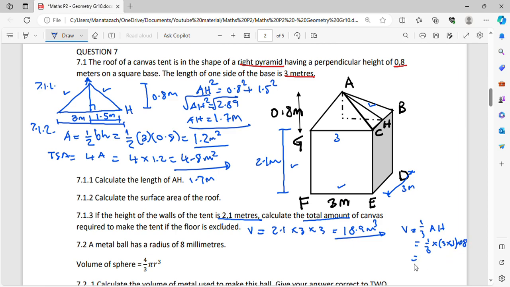So here 3 times 3 times 0.8 times 1/3. The volume is 2.4 cubic meters. Then the total volume for question 7, let's write here, total volume is equal to 18.9 plus 2.4, which is 21.3 cubic meters.